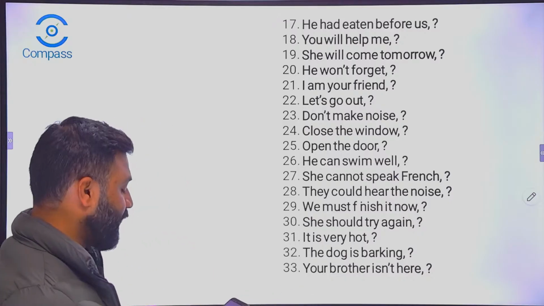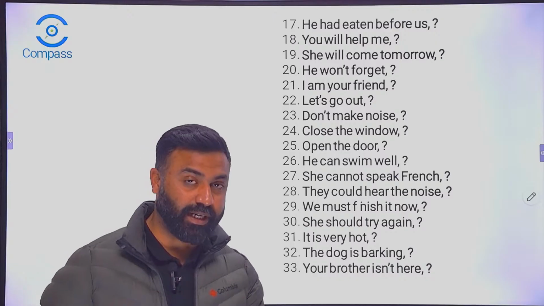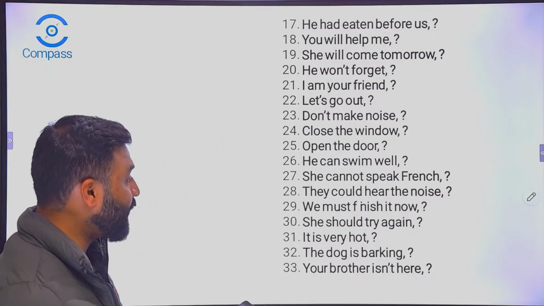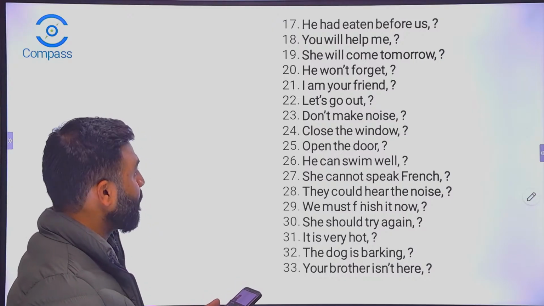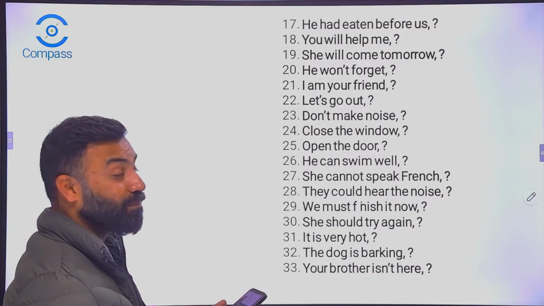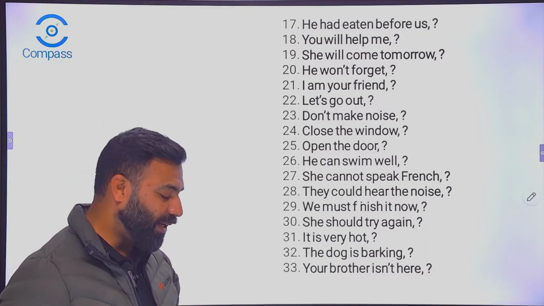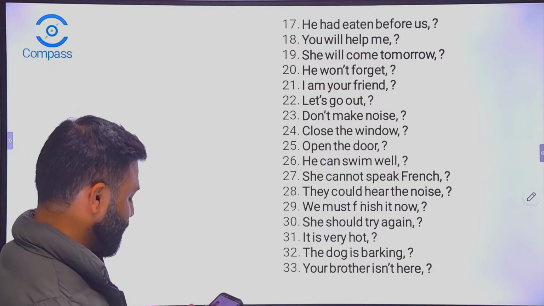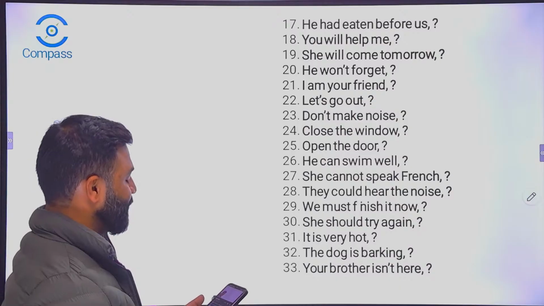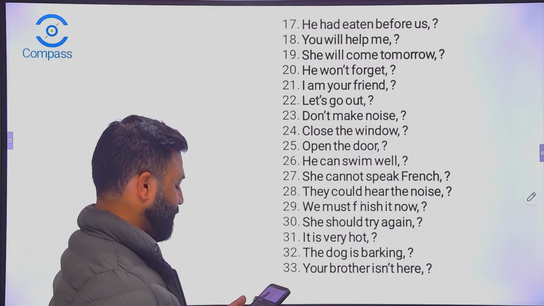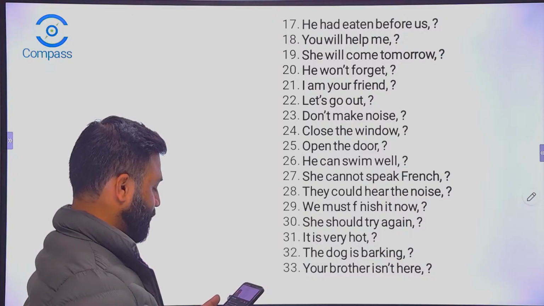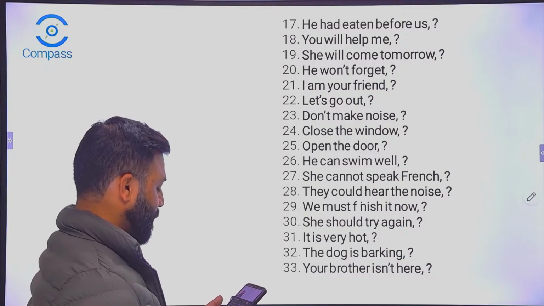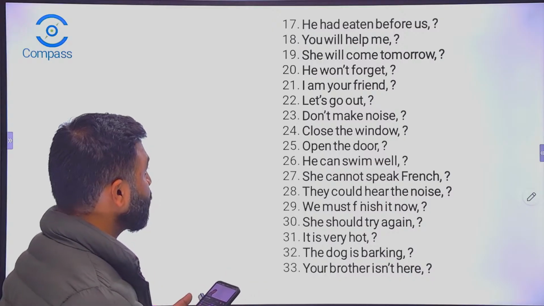Okay, hadn't he? That's right. Very good. That's correct. All right. Next question. Let's see. You will help me. Simple future, right? You will help me. Okay, so won't you? That's correct.